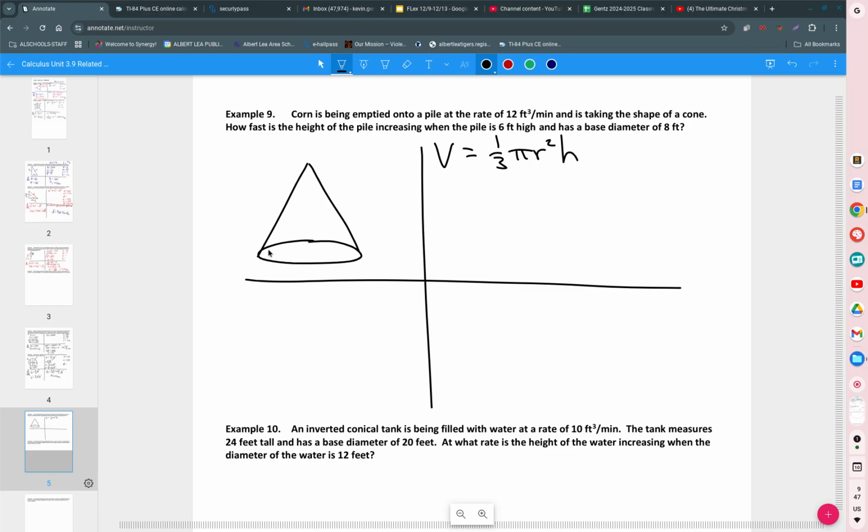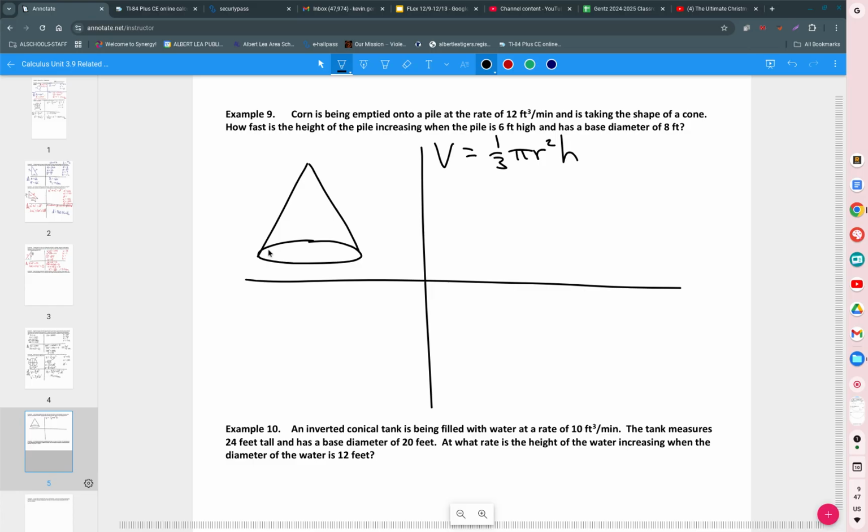So suppose that it has a height of 4 feet and the diameter is 8 feet. So the diameter will be twice the height. Then if it's 10 feet high, it would be 20 feet wide. Get the idea? So we're going to assume that as we empty it, it continues to take that same shape. All right?